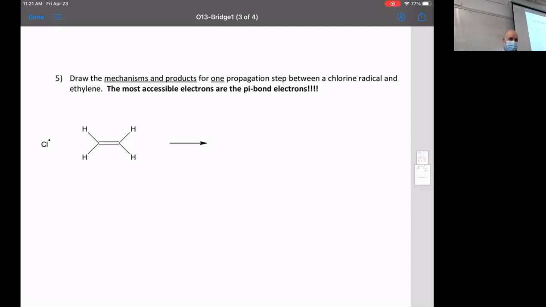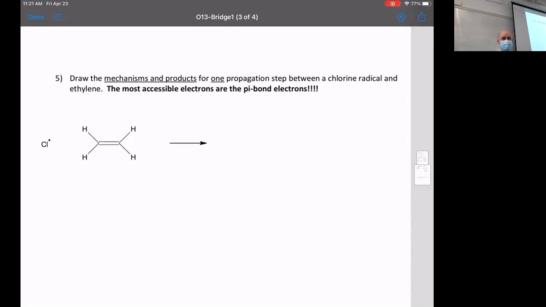The electrons it could take away are from a carbon-hydrogen sigma bond, in which the electrons are held really tightly, and also a carbon-carbon pi bond, in which the electrons are pretty loosely held and really available. So of all of those options, those pi bond electrons are going to be the easiest to swipe.